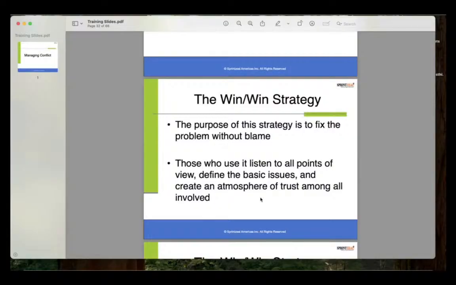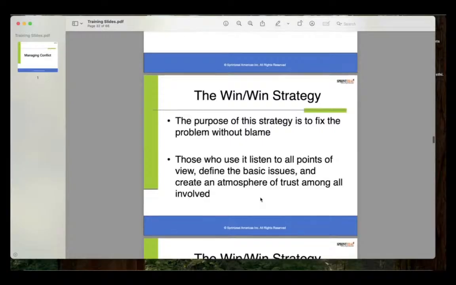Whoever uses this strategy, the win-win, they listen to all the points of view, like whoever the stakeholders are, how many stakeholders are involved, and then we have to define the basic issues, like what are the basic issues for which the conflict arises, and create an environment of trust among all the involved parties.